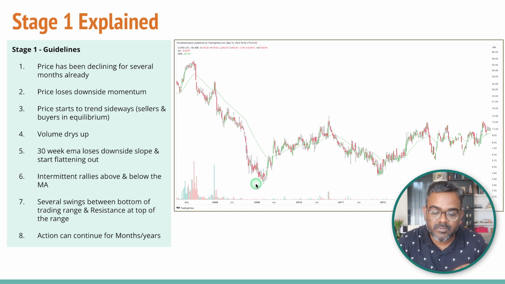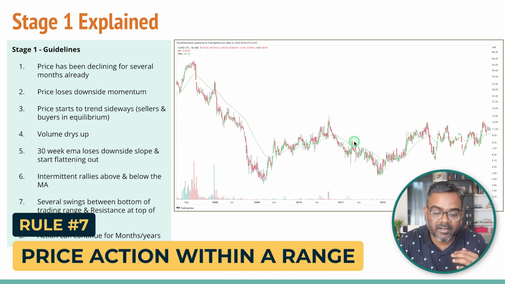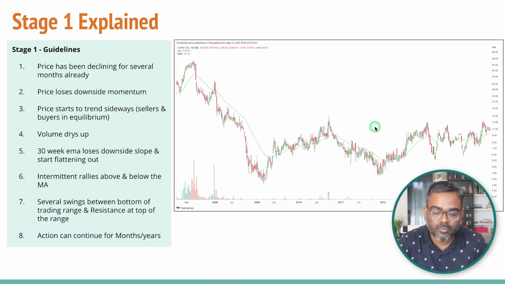Also, in terms of the base, you'll have a nice support here. If you connect these lines, you probably have a nice support around that zone over there. So it's very important to mark the range of this entire stage 1 base. You can draw a line there and a line here and say, okay, this is the range that the stock is oscillating between. And if the stock breaks out above the range, that's when we go long.